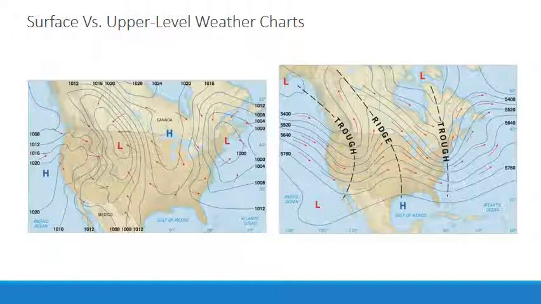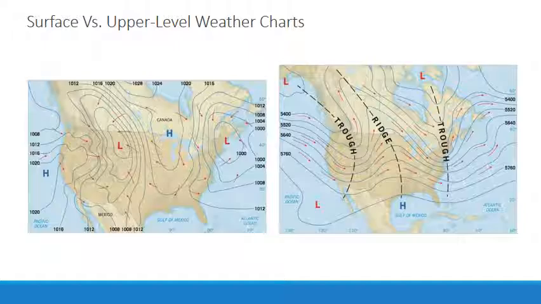In addition to surface maps, the National Weather Service produces weather charts that show atmospheric conditions at 850, 700, 500, 300, and 200 millibar levels. They do that twice a day, so every 12 hours. Remember that the upper air data comes mainly from radiosondes, instrument packages that are carried aloft by weather balloons.